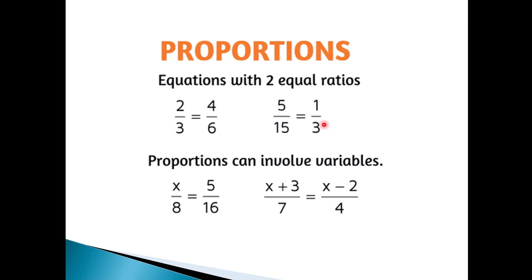And then proportions can involve variables. For example, x over 8 is equal to 5 over 16. Another one, x plus 3 over 7 is equal to x minus 2 over 4. Proportions are not just numbers alone, but we can also include variables and symbols.